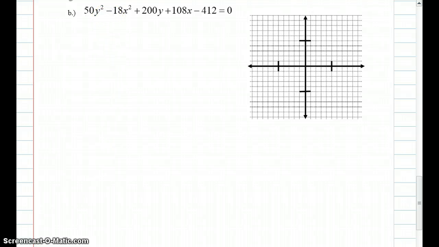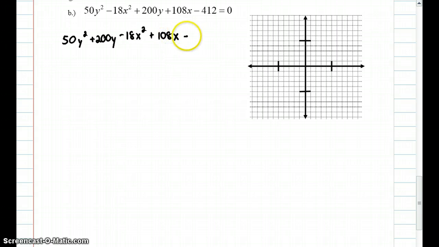So to start off, doing the exact same thing, clumping the x's and y's, we've got 50y squared plus 200y minus 18x squared plus 108x equals 412.